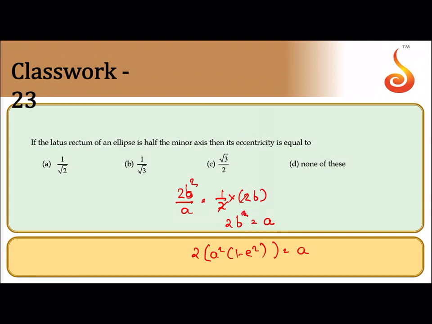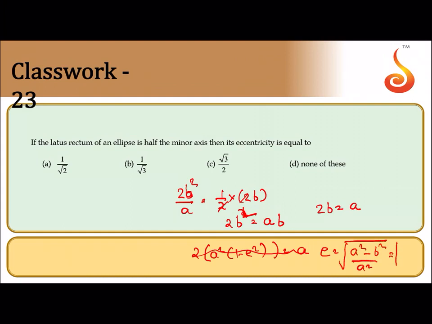So we get 2b square equals, the b will also cancel, so this is b and this is 2a. So what happens now? 2b is equal to A.